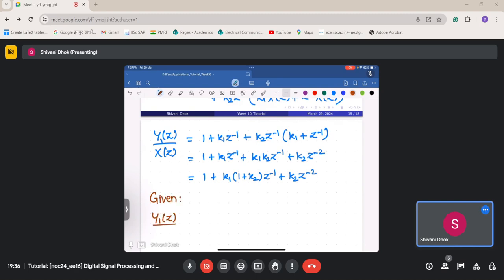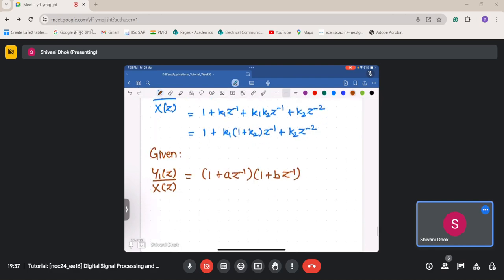y1 of z upon x of z takes the value 1 plus az inverse into 1 plus bz inverse, and if I simplify this it becomes 1 plus a plus b z inverse plus ab z to the power minus 2.